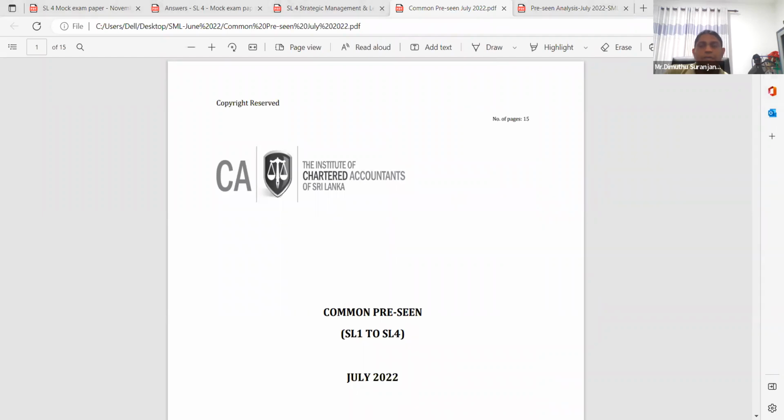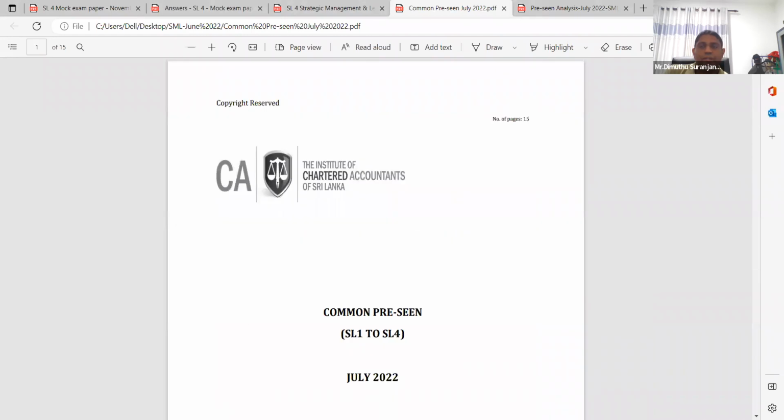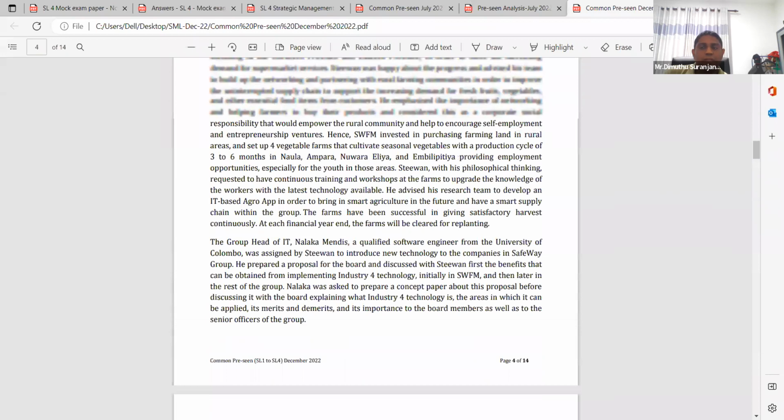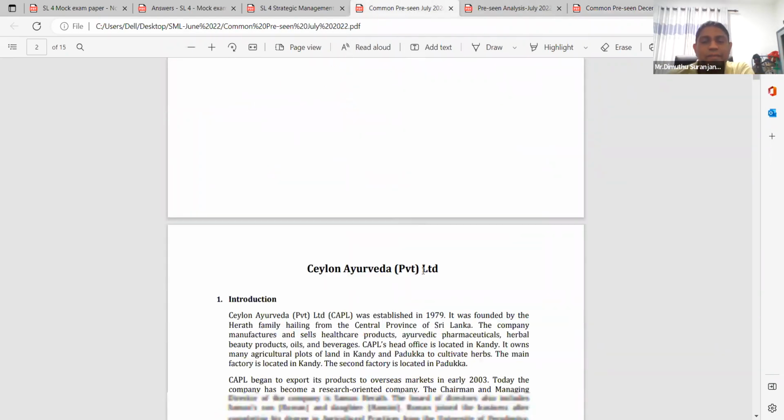Yes. How many pages are there? It is 15 pages. Already this time's pre-seen also is out, no? Tomorrow we are going to discuss that one. How many pages does this time's pre-seen have? 14 pages. So it's a regular reduction, no? One page reduction compared with the last time. Right. It's a common pre-seen.